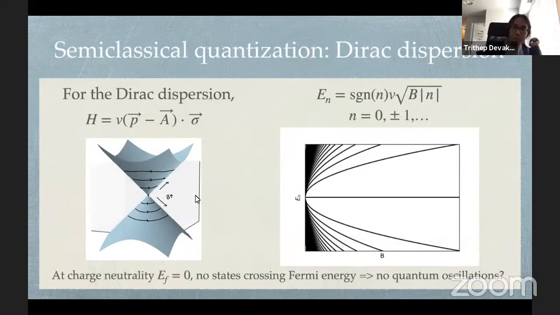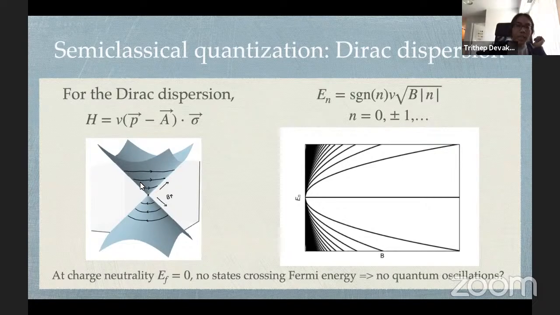For the Dirac dispersion, on the other hand, we can consider this Hamiltonian, which is just v times p dot sigma, where sigma are Pauli matrices. And this leads to a two-band model where you have a single Dirac point in the middle, and the velocity is given by v.